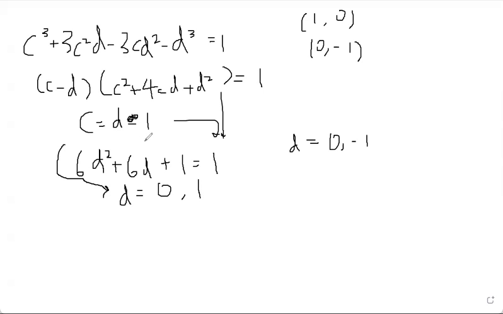For a similar reason, really we can just factor. What ends up happening is like 6d squared minus 6d plus 1 equals 1. So for the same reason, if d is 1 more than c, our solutions are going to be negative 1 comma 0, and our other solution is going to be 0 comma 1. All pretty trivial looking, right?